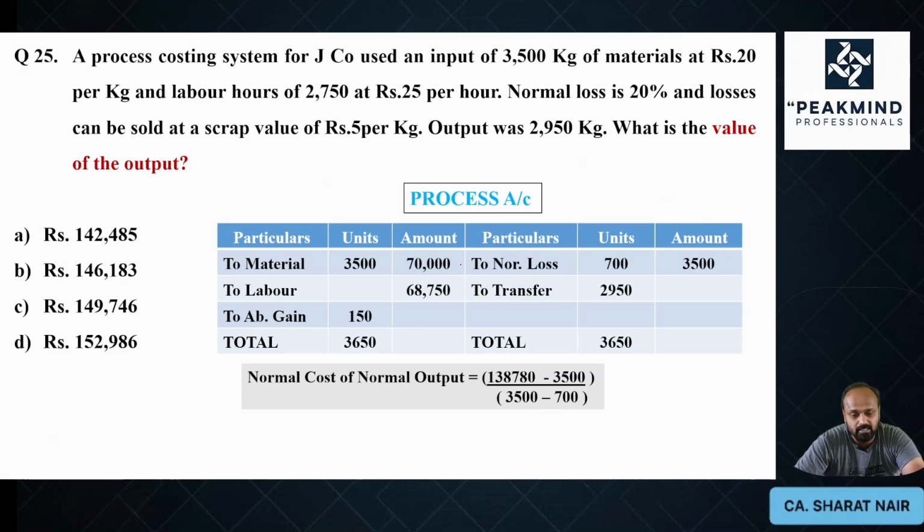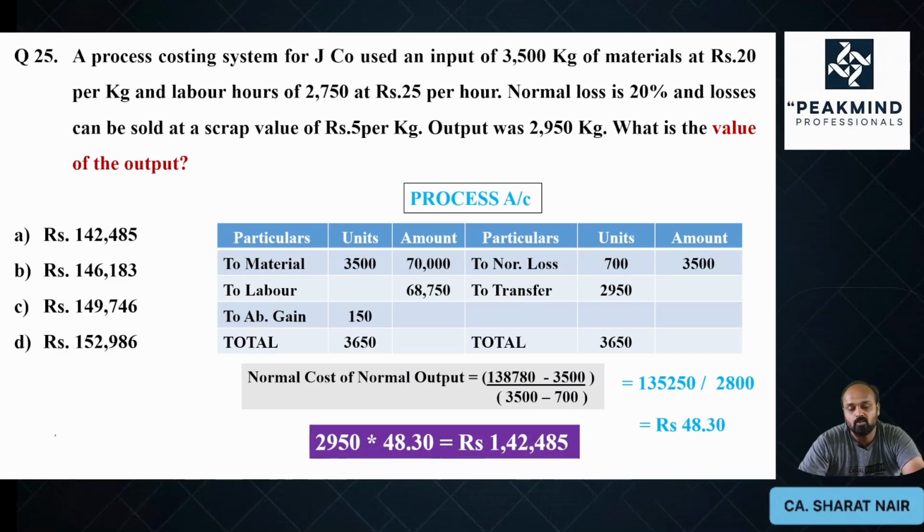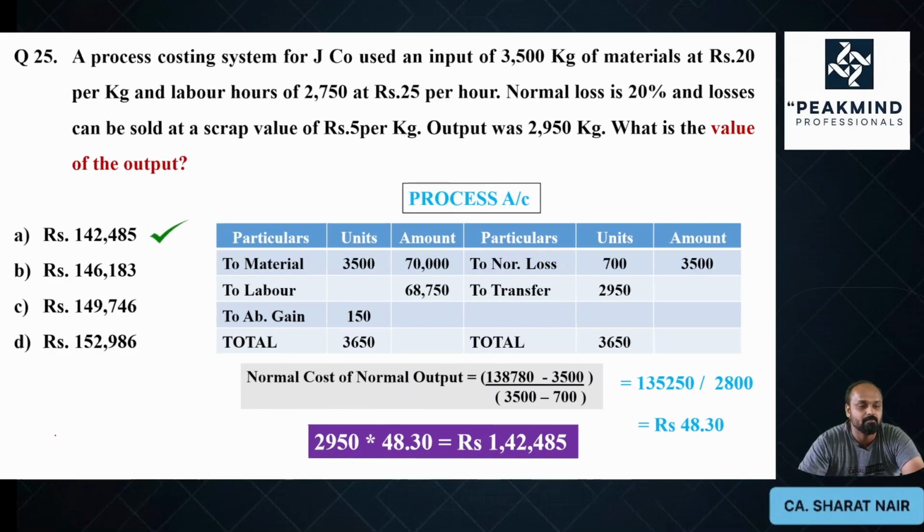What is 1,30,250? The total of all these things minus 3,500, divided by the total quantity introduced minus normal loss of 700. So we will end up getting rupees 48.3. Now the units transferred is 2,950. That into 48.3 allows me to get my answer 1,43,485. That is your option A, the correct answer.